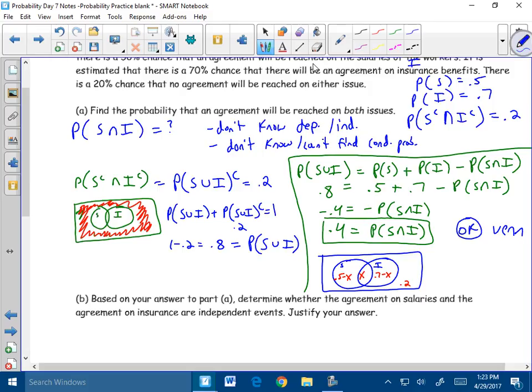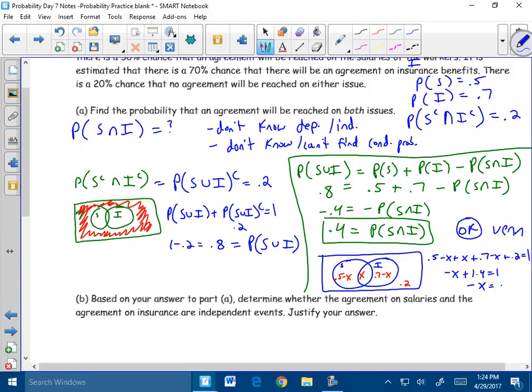So if I take all these little pieces, 0.5 minus X plus the X in the middle plus the 0.7 minus X from the I circle plus the 0.2, they'll have to add up to be 1. Okay, and now I have an equation that I can use to solve for X. So if I clean this up a little bit, negative X, positive X goes away, so I still have a negative X left. 0.5 plus 0.7 plus 0.2 is 1.4 equals 1.